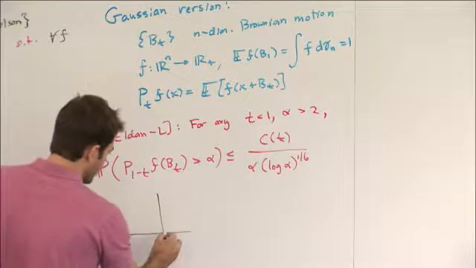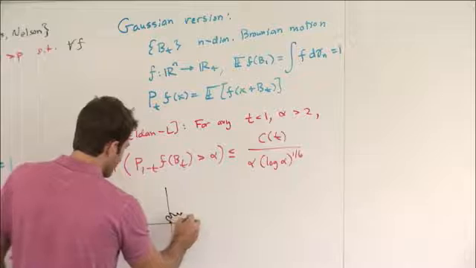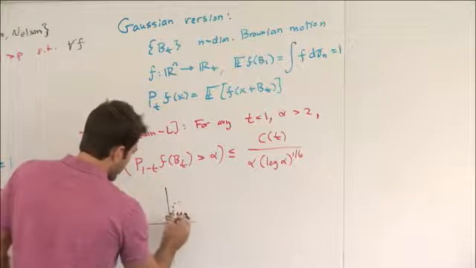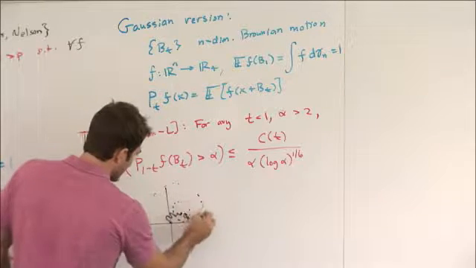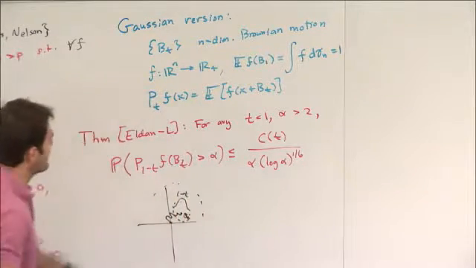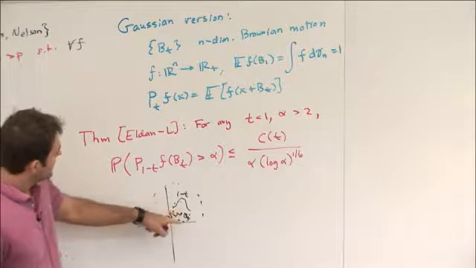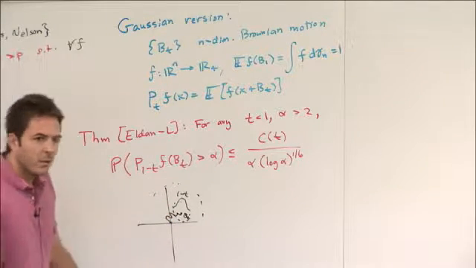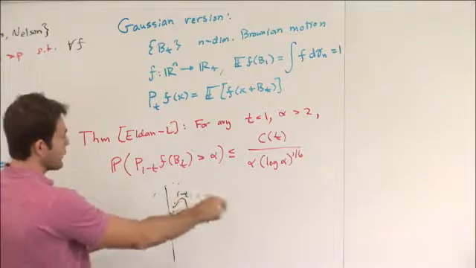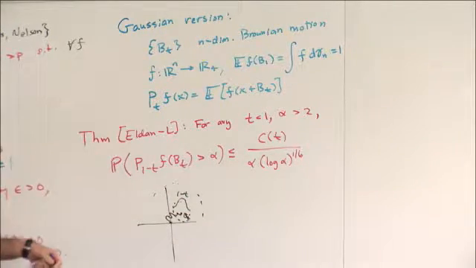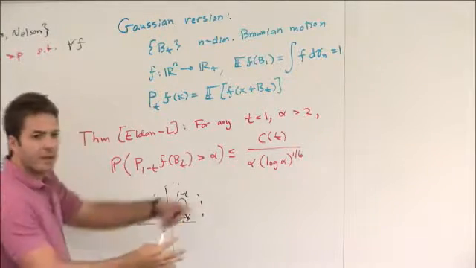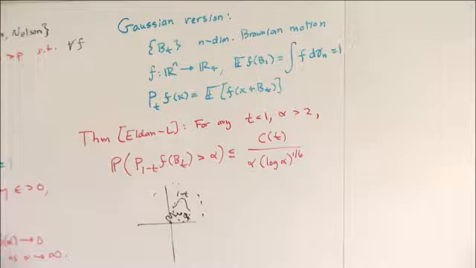The right picture is to think about a Brownian motion up to some time t, and then you compute the average of f. You can think about it as the average of f over a Gaussian with variance 1 minus t, or more geometrically, the average of f where you average over the rest of the Brownian motion. You think about a Brownian motion at time 1, you sample it up to time t, and then you average over the future all the way up to time 1.